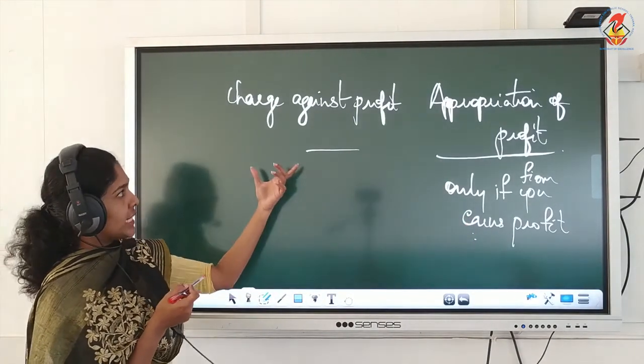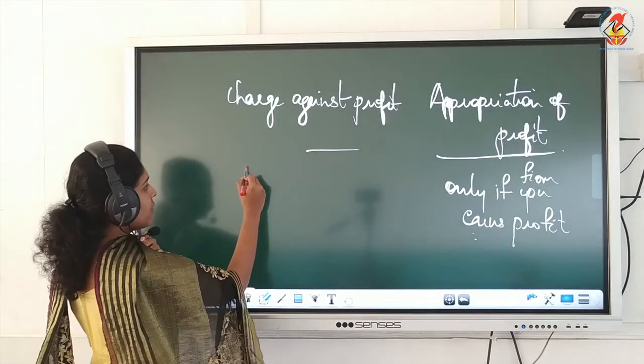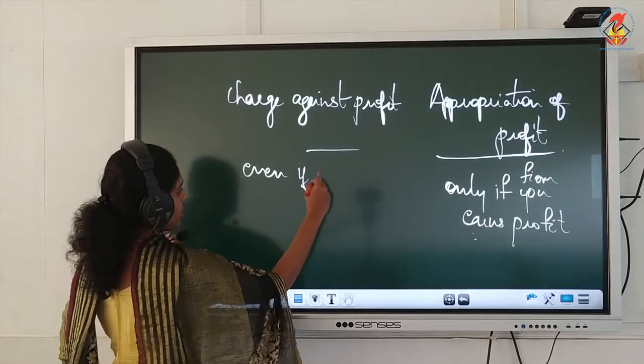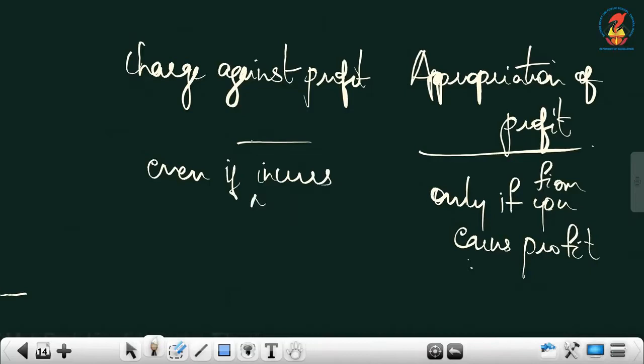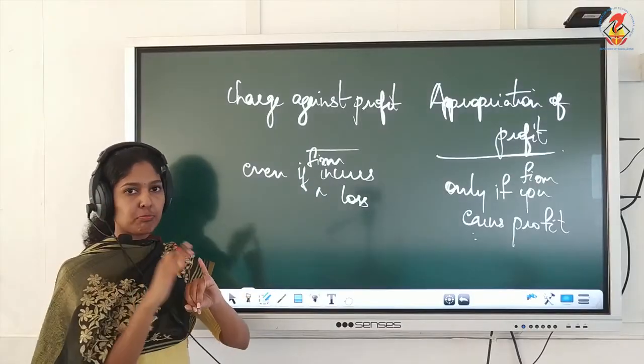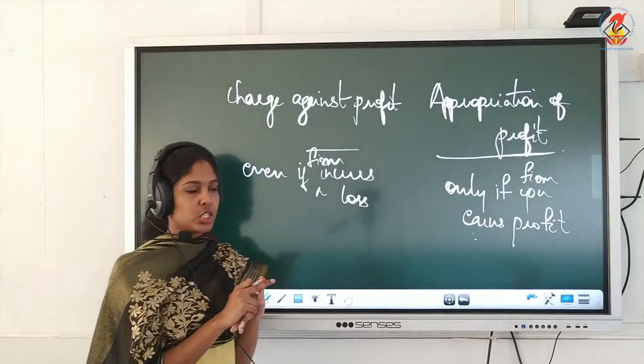But there are certain items which you need to pay even if the firm incurs a loss. That means compulsorily you have to pay certain items. One such item we already discussed under the provisions in the absence of a partnership deed.